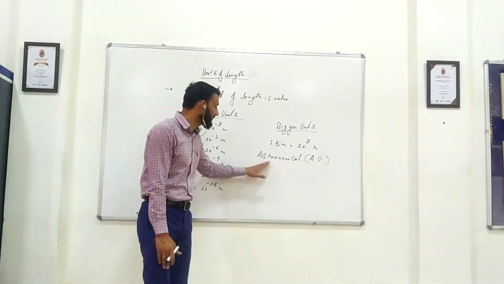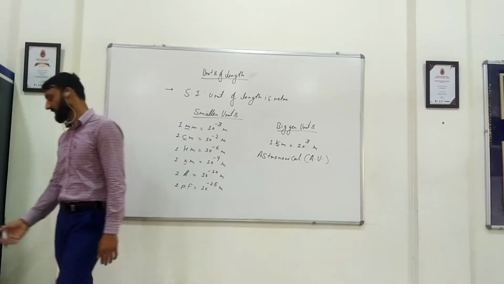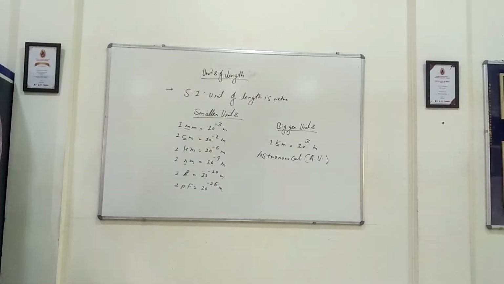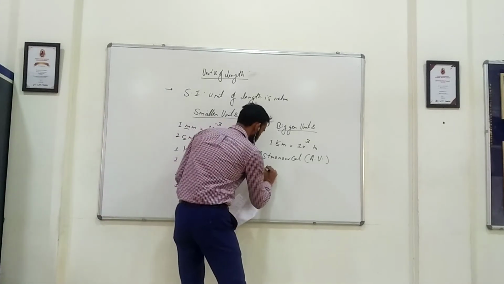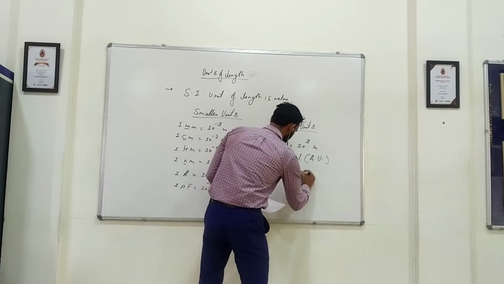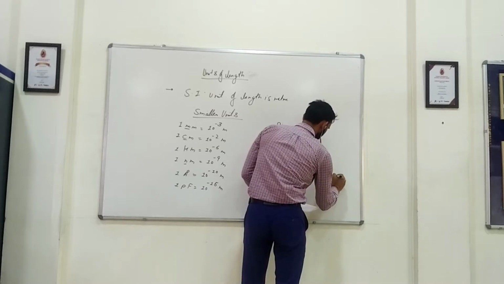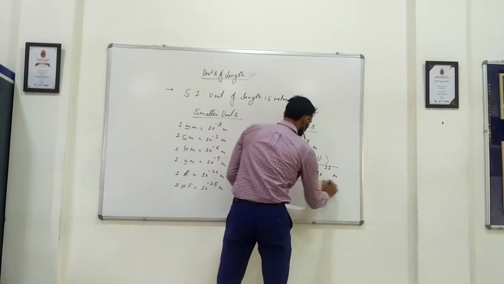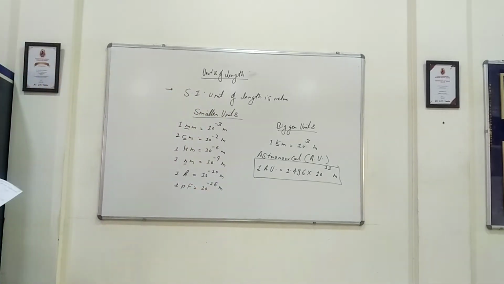So for that we study this astronomical unit that gives us the mean distance between the Sun and the Earth. In meters, 1 astronomical unit is 1.496 into 10 to the power 11 meter.